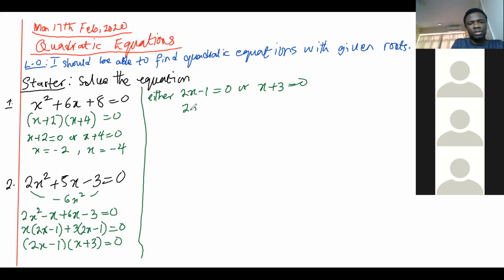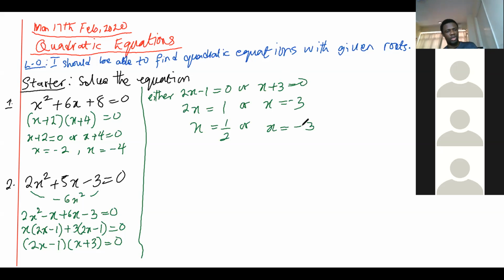So from here, 2x equals 1, which implies x equals 1 over 2. From here, x is equal to -3. Does it make sense? Okay.